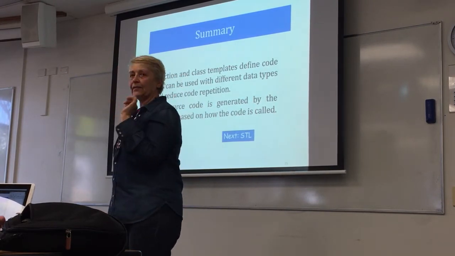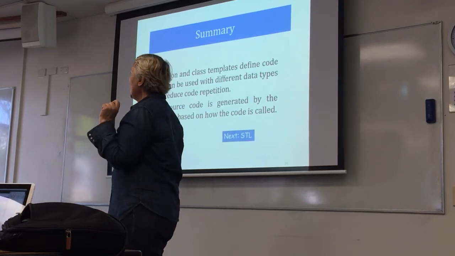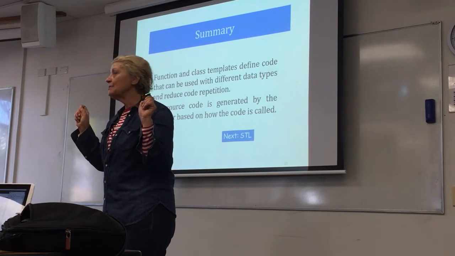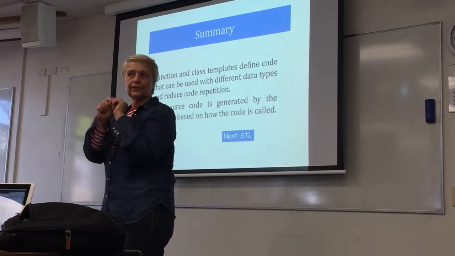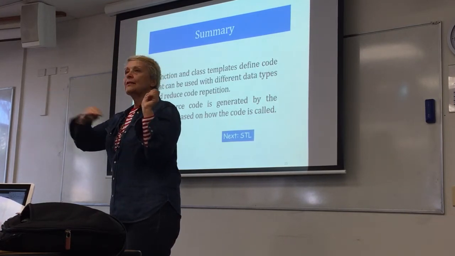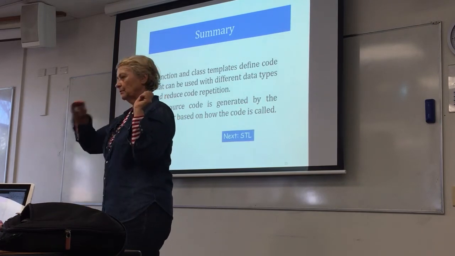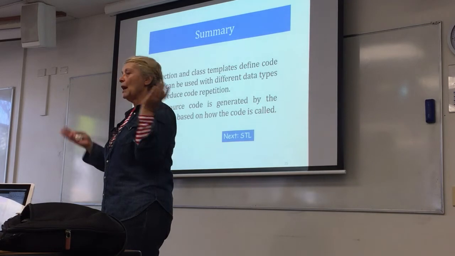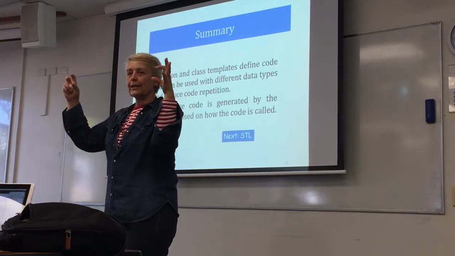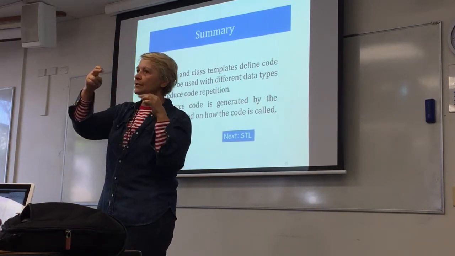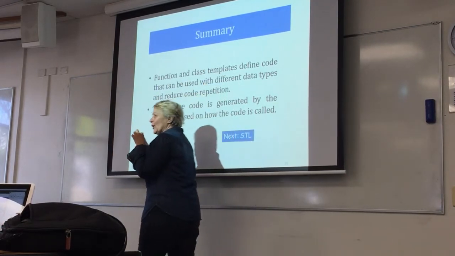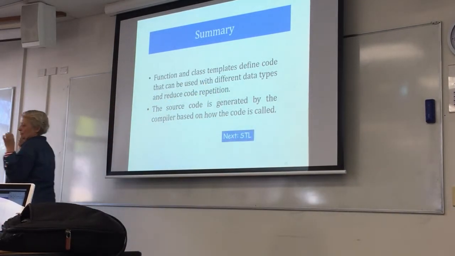Whereas with function templates, you have the same algorithm, and you obtain behavior for different types. Absolute is one function template, but you can use it for int, for float, for strings. So you have a single algorithm here.